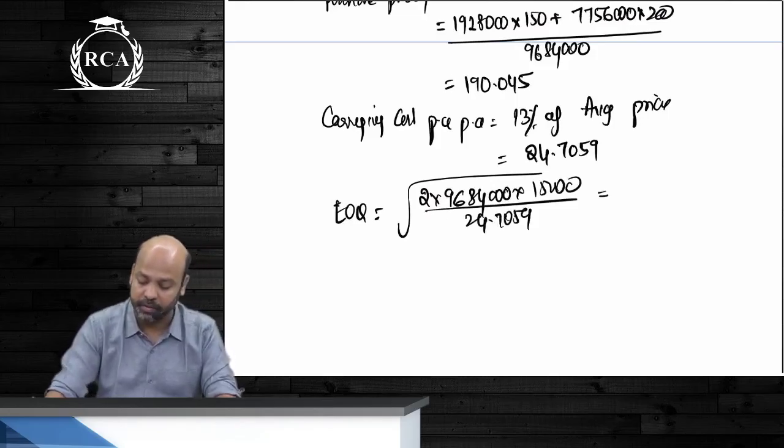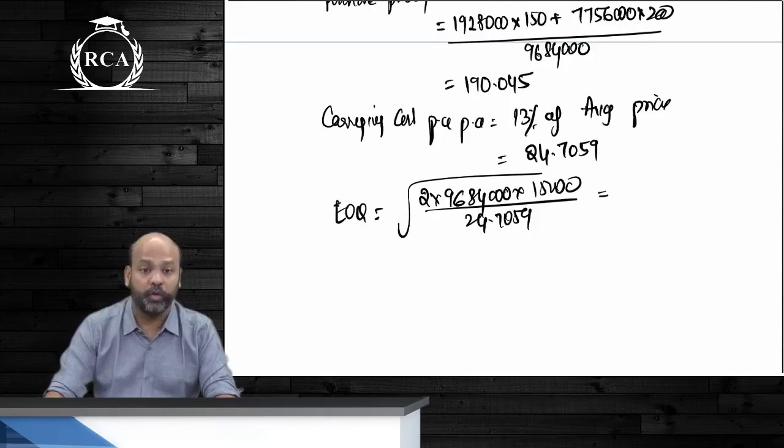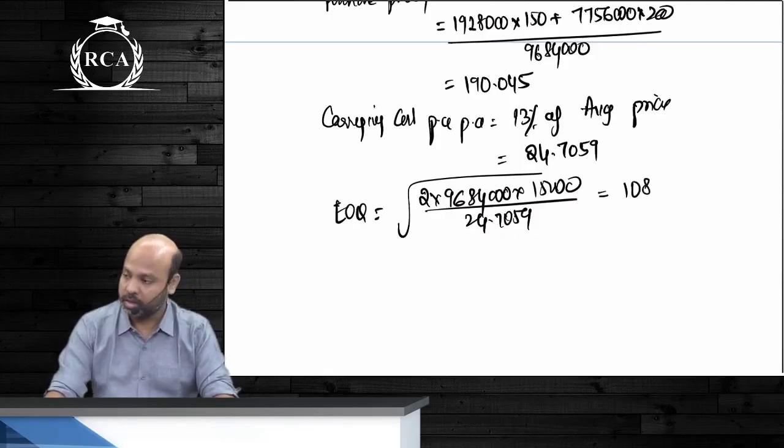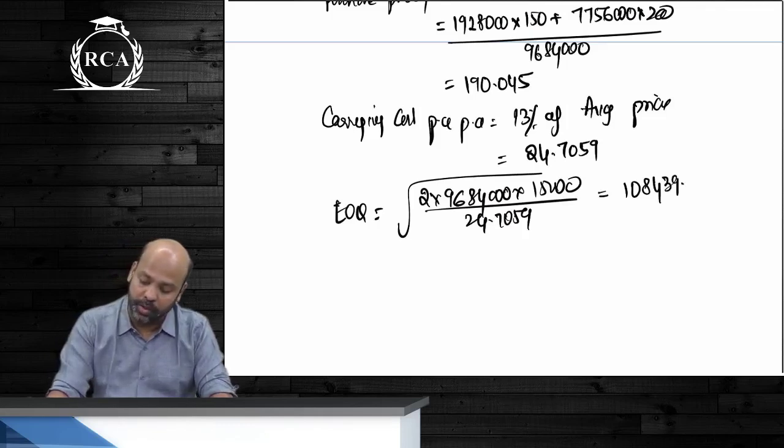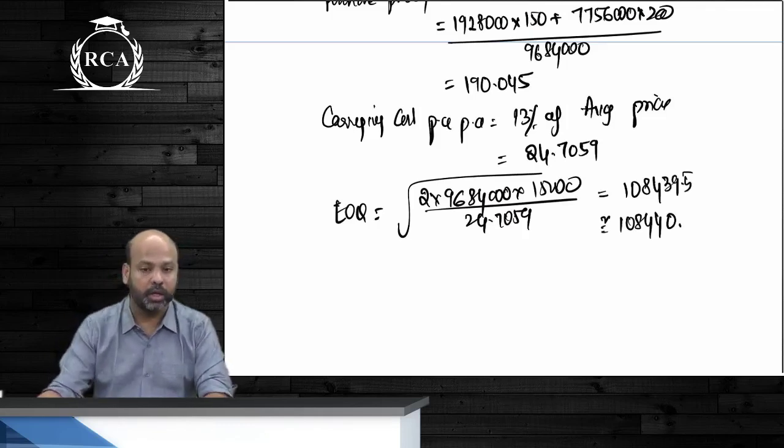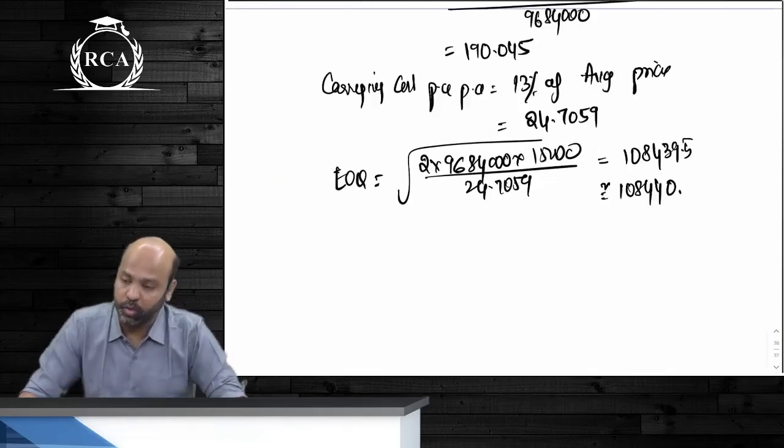How much will that be? The same answer came, proud of you. 1,08,439.5, which is approximately 1,08,440. This will be the EOQ. Are you all understanding this?